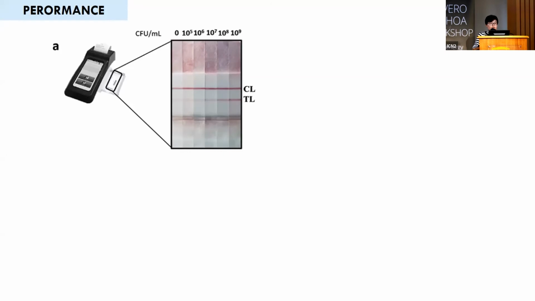On the left is the commercial portable colorimetric reader, and on the right are the real test strips. From left to right corresponds to increasing concentrations of E. coli.